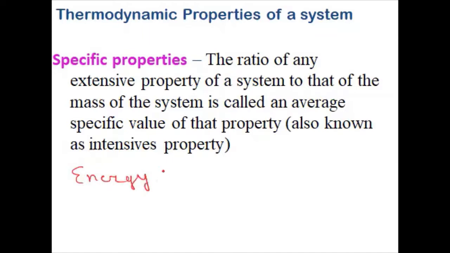Energy is usually represented by the capital E. According to the definition, we have to divide this energy by mass. So E by M will become your specific energy. The unit of energy is joule, so the unit of energy per unit mass will become joule per kg, and this is your specific property, because it is coming per kg.